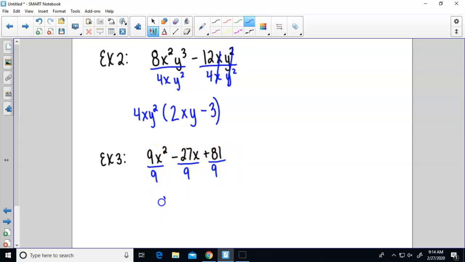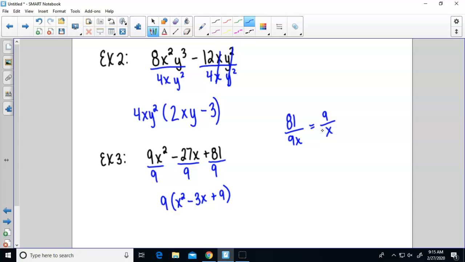So you'll have the 9 out front, and then you'll have x squared minus 3x plus 9. You cannot divide by an x because it would work fine for the first 2 terms, but if you did that over here, you'd have 81 over 9x, and so that would give you 9 over x.